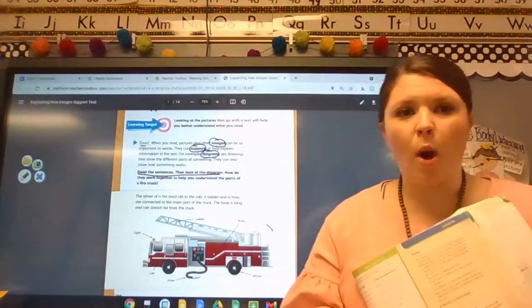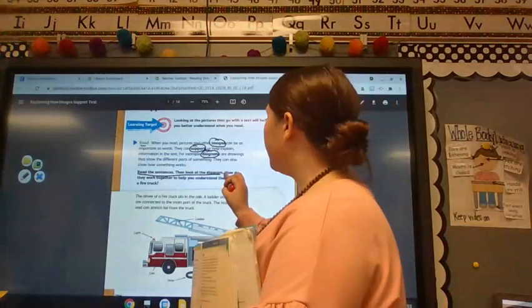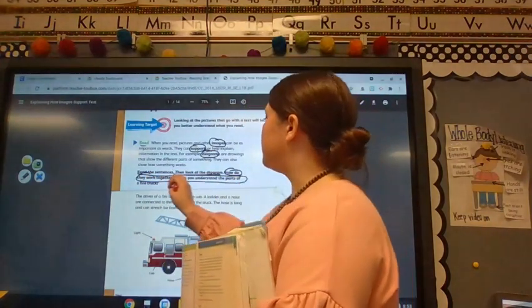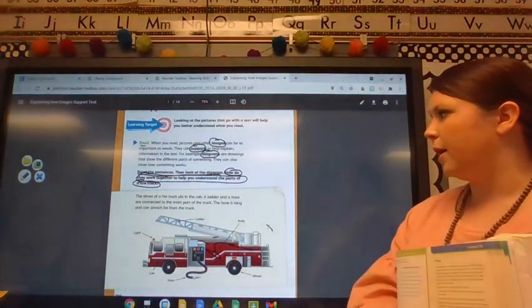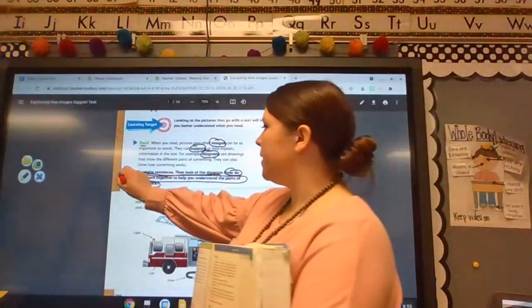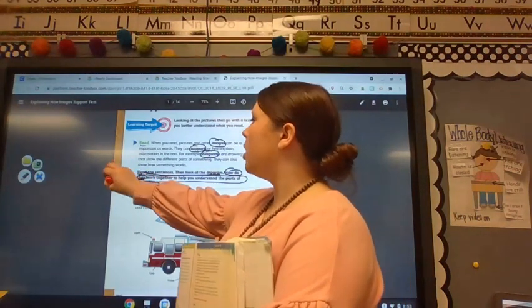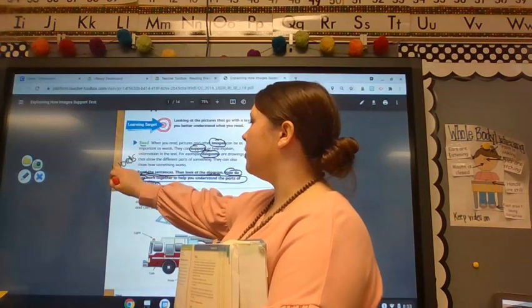All right, now we have a question that we need to answer, and we're going to go back and look. We're going to answer the question, how do they work together to help you understand the parts of a fire truck? When it's talking about this pronoun they, it's talking about the words and the diagram.